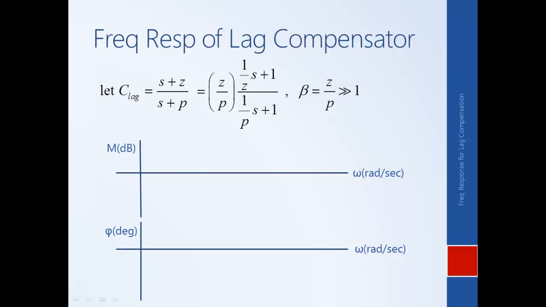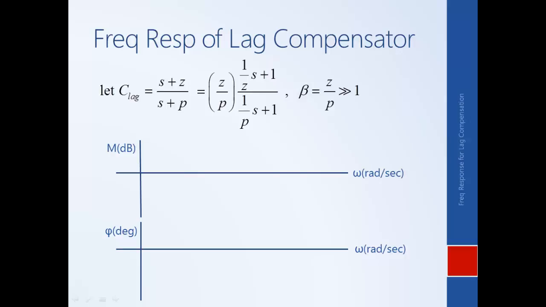And so looking at this, we can use the approach that we've used previously where we take each of the components, the gain, the zero, and the pole, plot their Bode plots individually, and then add them up. In this case, I'm going to try and do it all in one step. If you have some trouble following what's happening, that's okay. You could always do the three components individually and sum them up so that you can see where this Bode plot comes from.